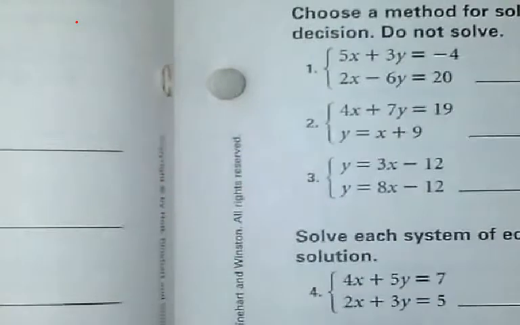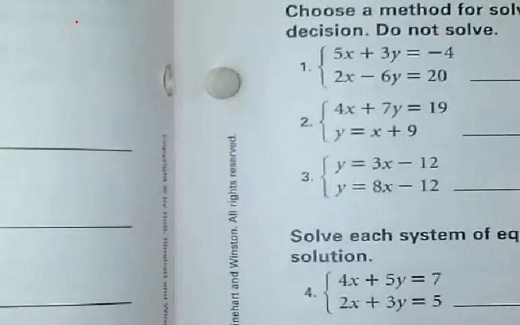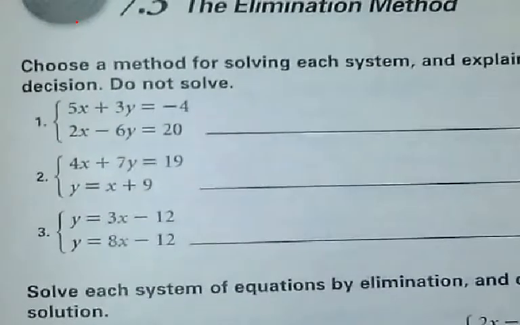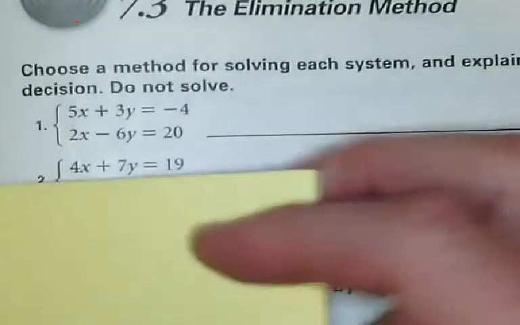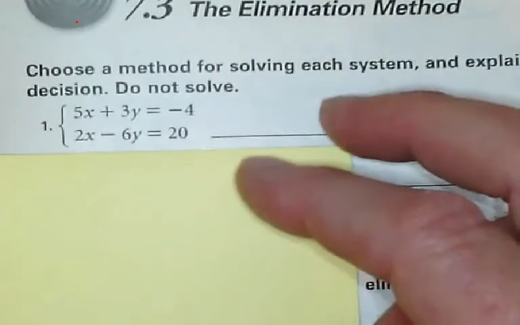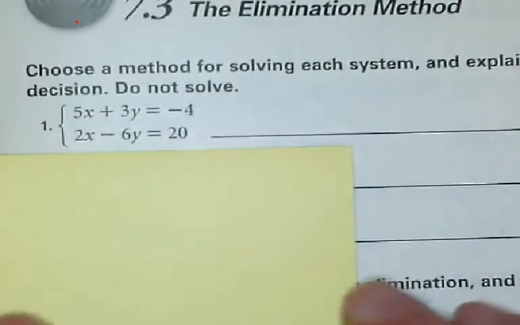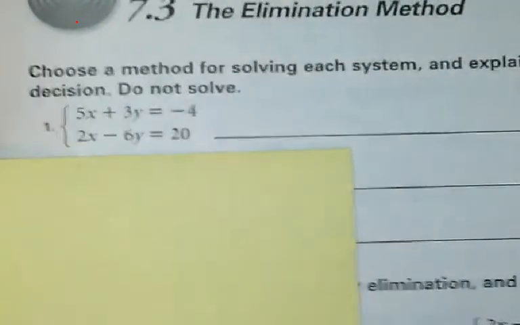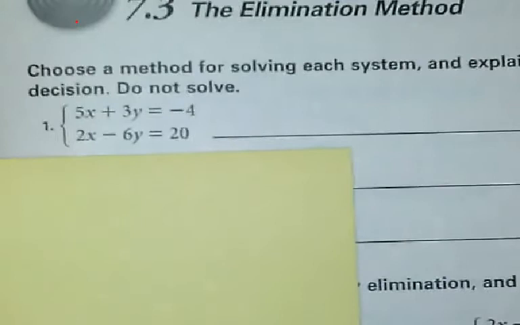Okay. So, when we solve by elimination, what we're doing is we're getting rid of one of the letters. We're eliminating a letter. That's the whole deal. Eliminate a letter. Now, sometimes it's pretty easy to make one letter go away.